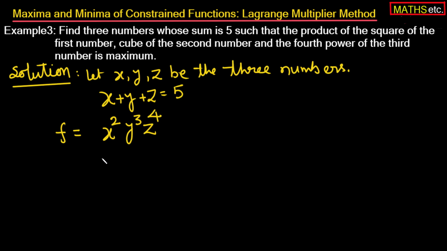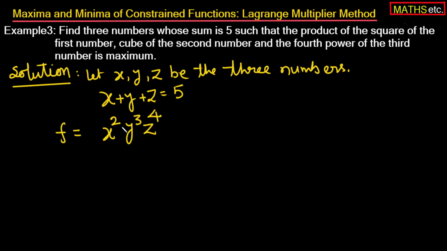Okay. So our problem becomes: we have to find three numbers x, y, z such that the function f becomes maximum for that value of x, y, z, right? But x, y, z cannot take any arbitrary value.